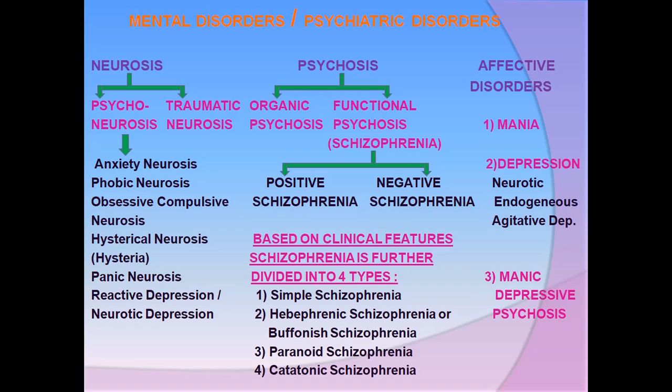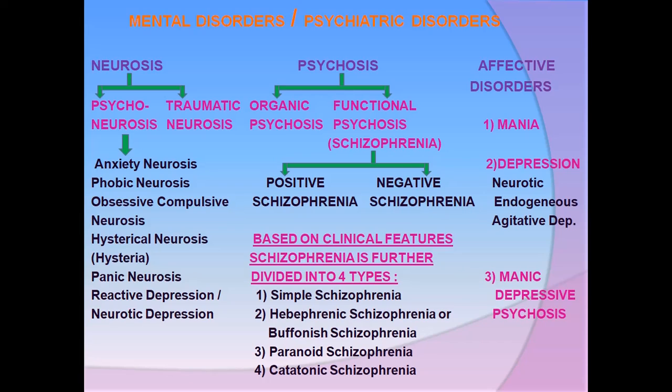Psychosis is broadly divided into two parts: organic psychosis and functional psychosis. Functional psychosis is also known as schizophrenia. Functional psychosis is further divided depending upon their clinical features, that is positive schizophrenia and negative schizophrenia.